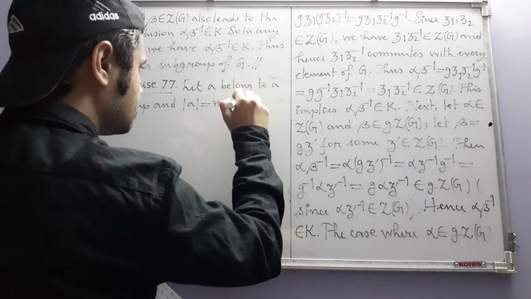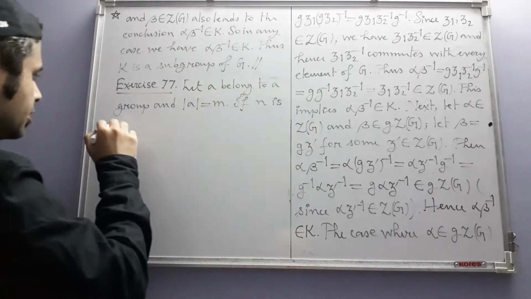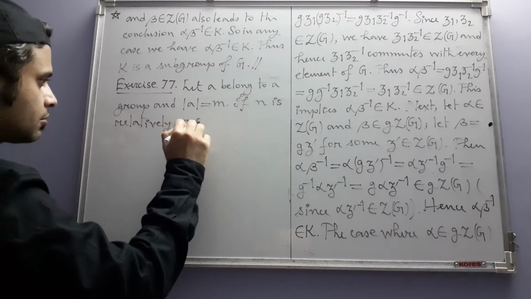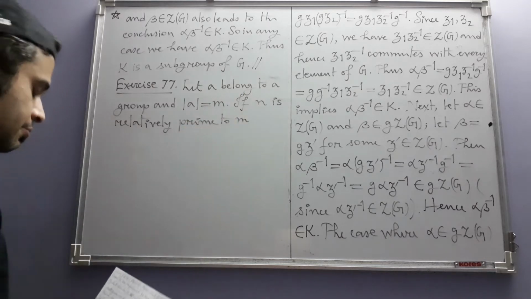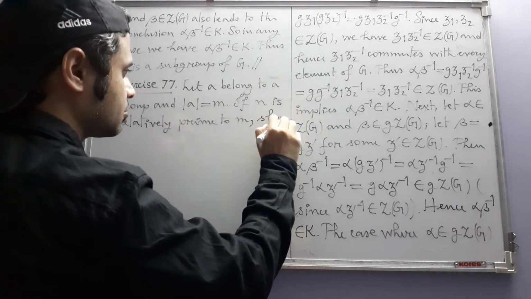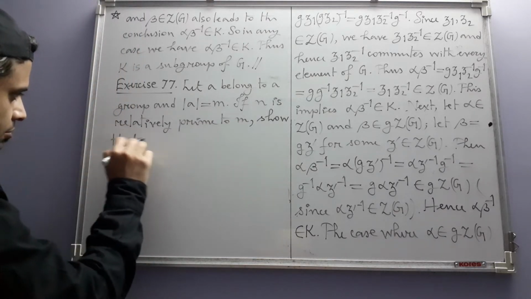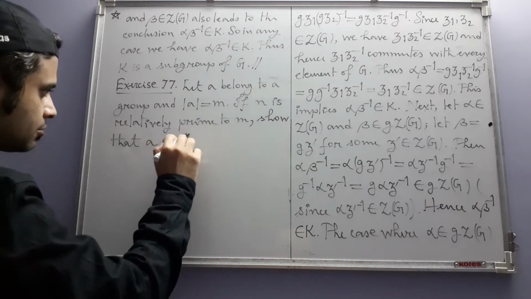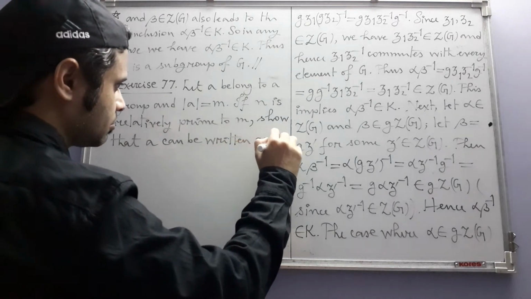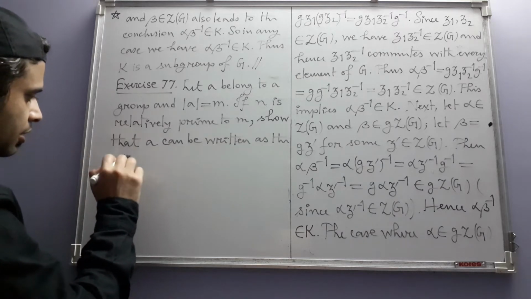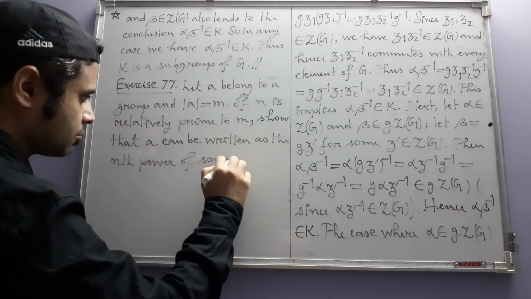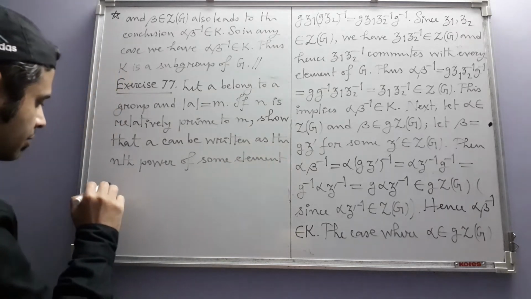If n is relatively prime to m, okay, n is some integer that is co-prime to m, show that the element A can be written as the nth power of some element in the group.